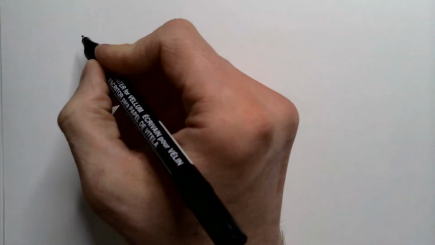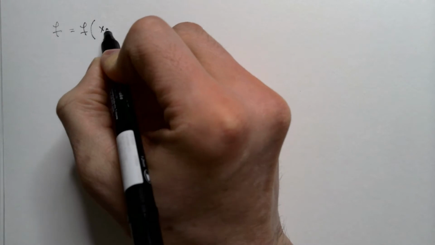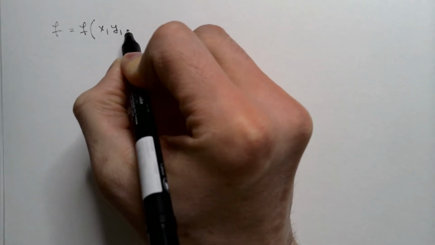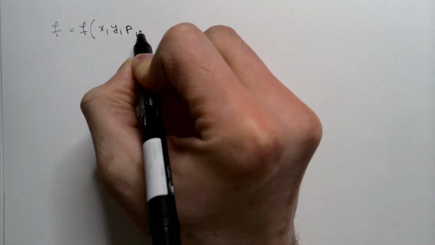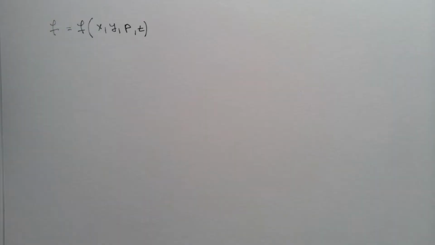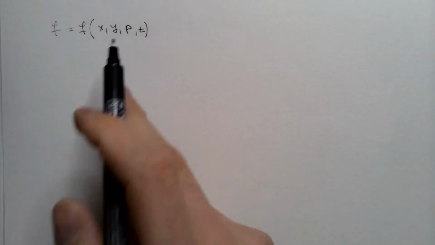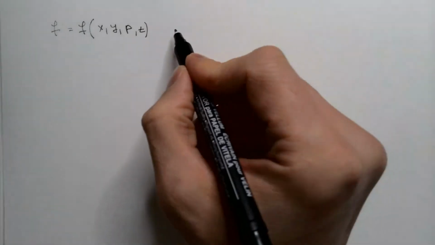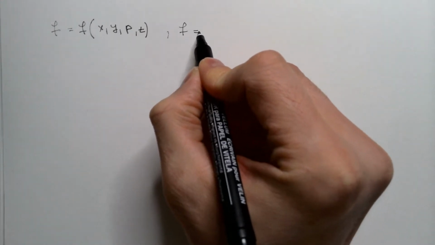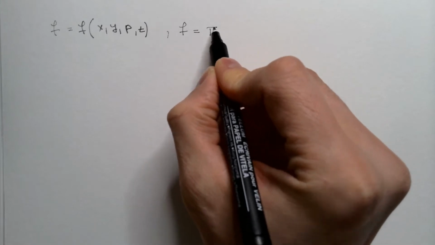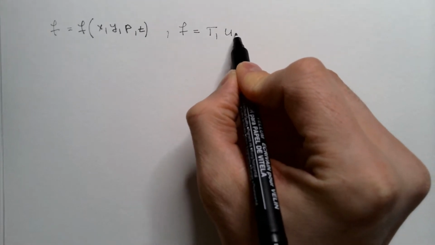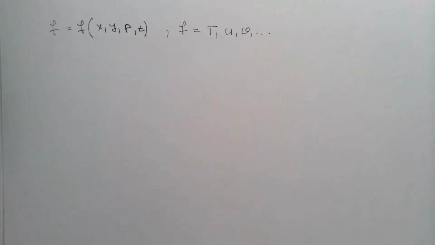Let's look at some generic function f that is function of x, y, p, pressure, and time t. Namely, instead of geometric height z, we use pressure as the vertical coordinate. And this function f can be really anything. It can be temperature, u component of wind, v component of wind, so on.